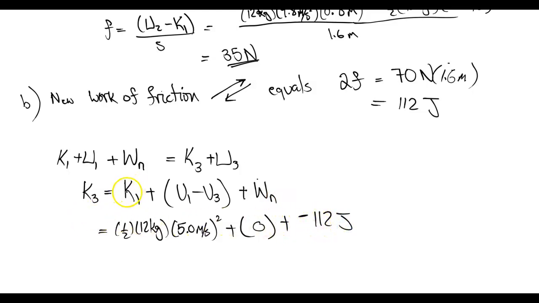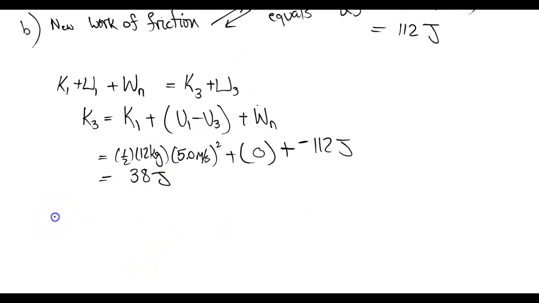So if K1 is going up, the work will be going down, and if it's coming down, the work is going to go up, so it's always going to be the opposite of the motion. And that gives us about 38 joules.